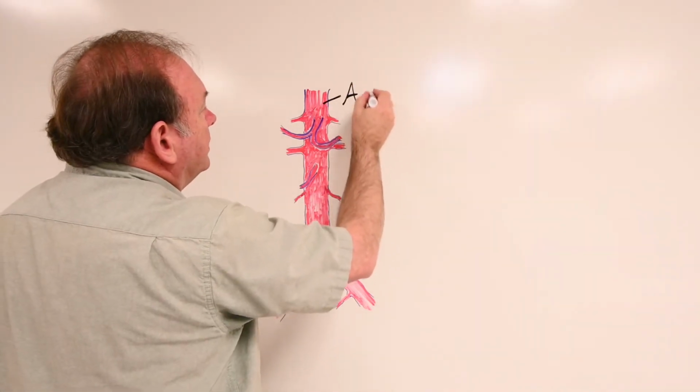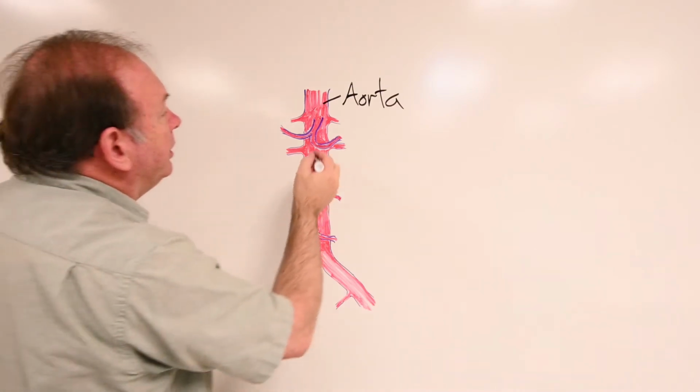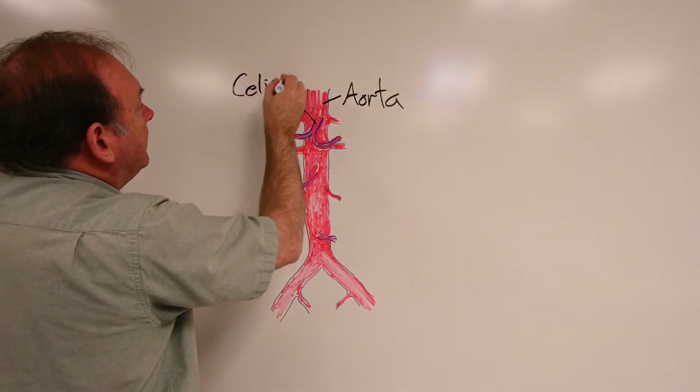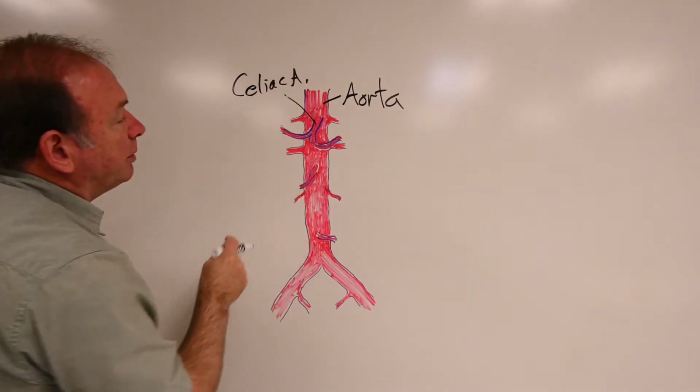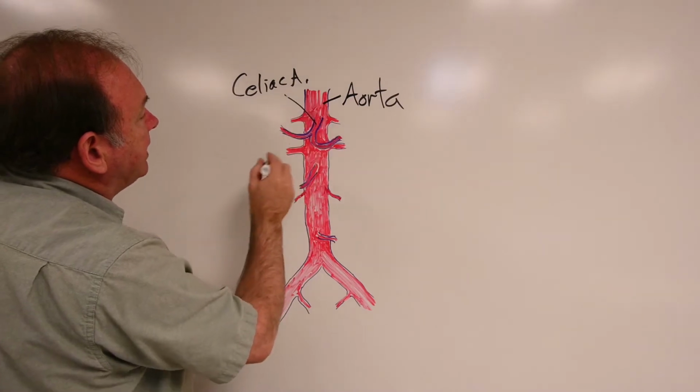Got our aorta. And like I said, this could be called abdominal aorta through here. We have our celiac artery, sometimes called the celiac trunk. If you ever hear about the celiac trunk, that's that same thing there.